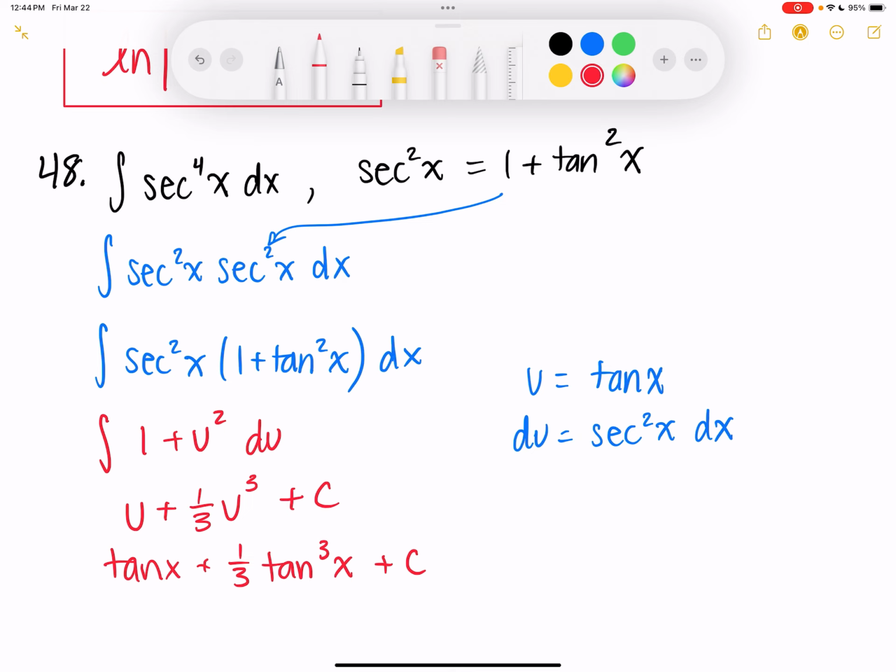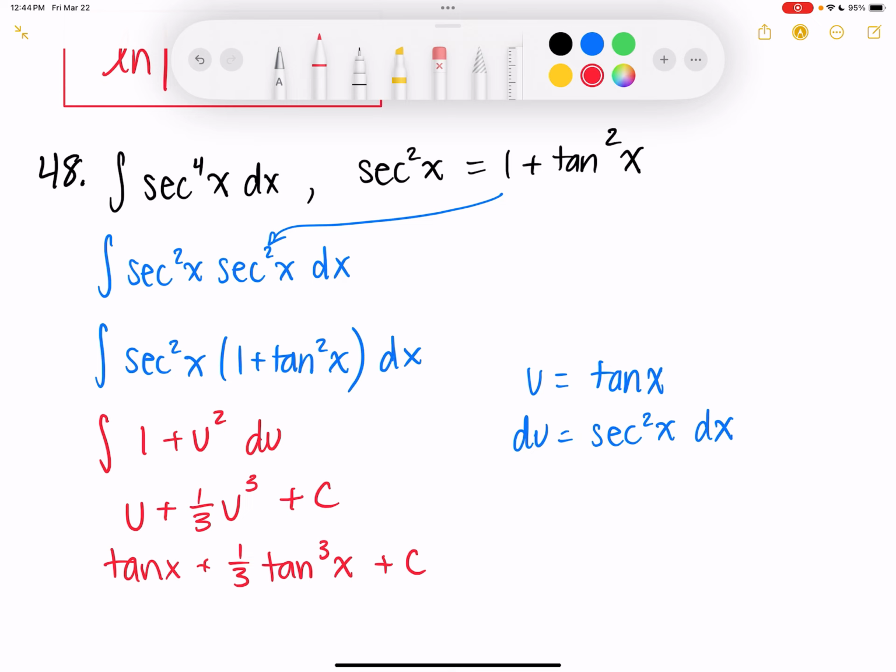So for u, we didn't want to do the 1 plus tangent squared of x because why didn't we want to do that again? The tangent squared. Because the derivative of tangent squared would have been 2 tangent of x times secant squared of x. Oh, right. Which would have had something in there that I didn't have to get rid of.